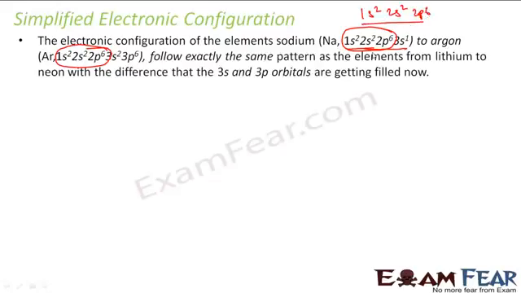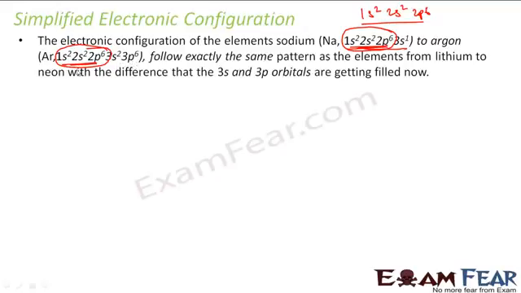Please note, this part is common to any of the elements from sodium to argon. You just write the electronic configuration, you will see that this part is common, right? They have exactly the same pattern. The only difference is here first 3s gets filled, and then after 3s, 3p gets filled, right? Because there are 8 elements in that series.